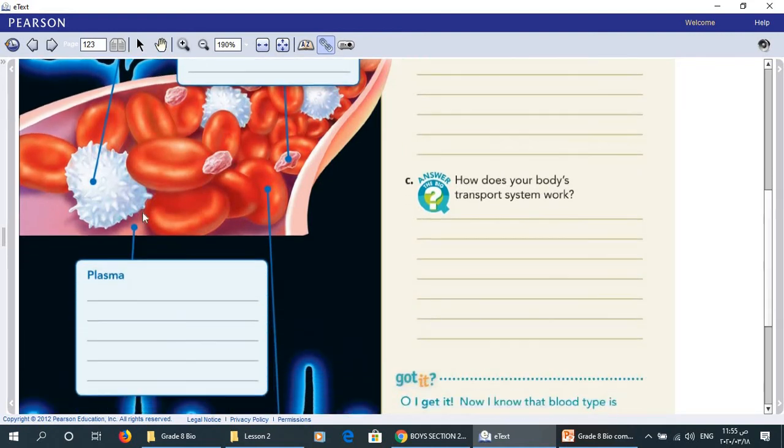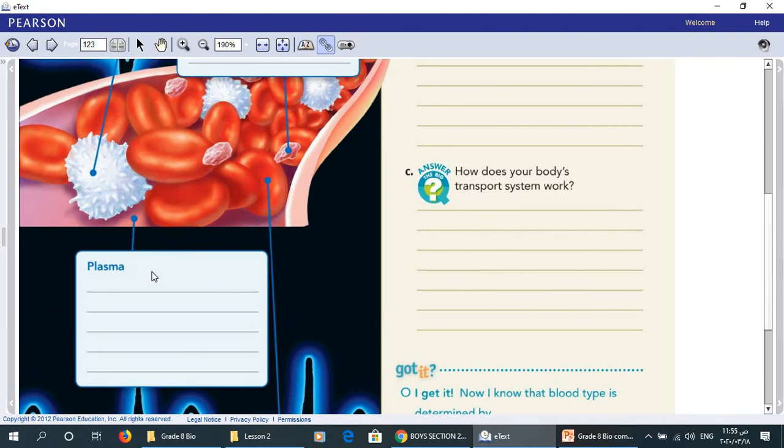Now plasma here. Plasma is the liquid part of blood that carries nutrients throughout the body. I'll repeat again. Plasma is the liquid part of blood that carries nutrients throughout the body.